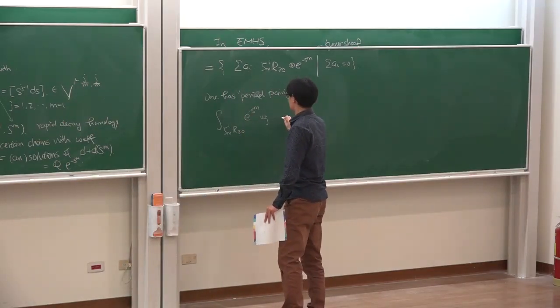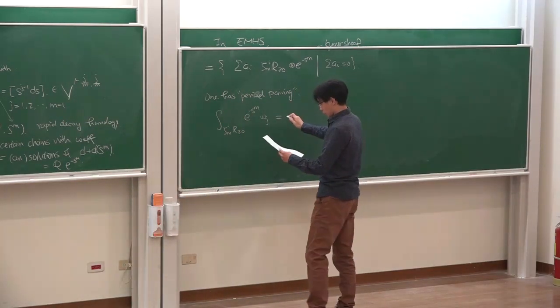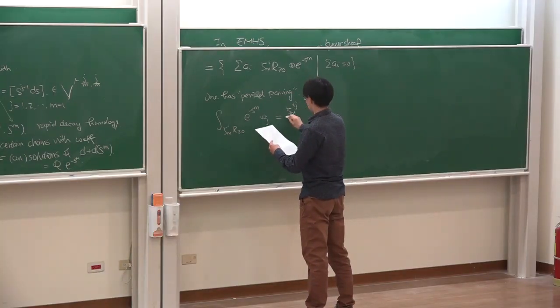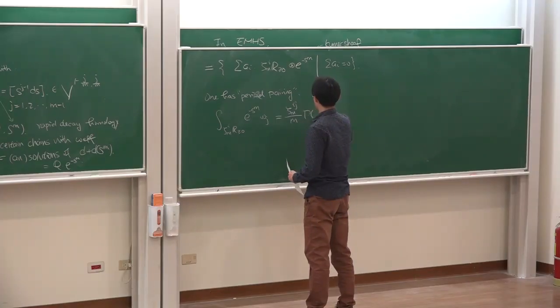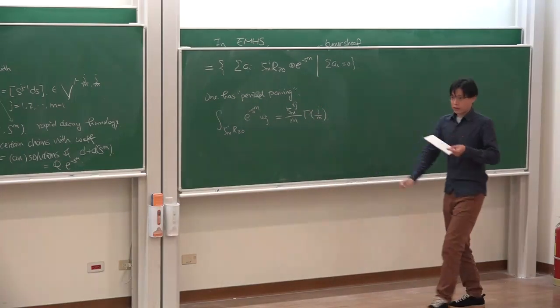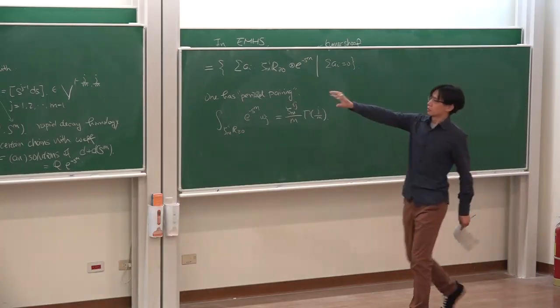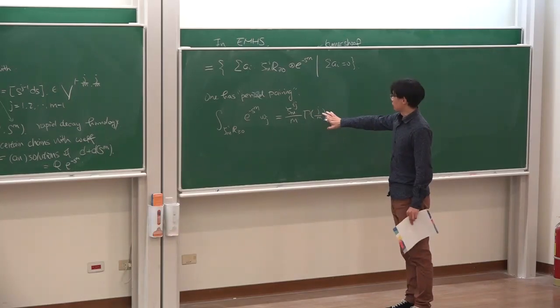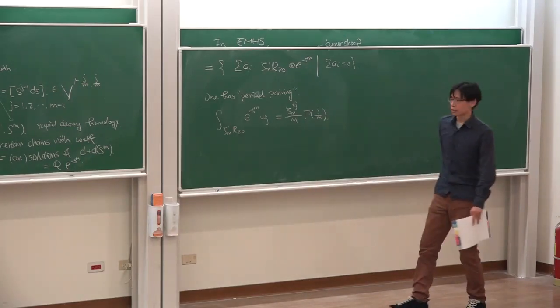And then this is just equal to zeta n times gamma at j over n. So the appearance of this motive is somehow just the gamma function evaluated at the fractional basis.